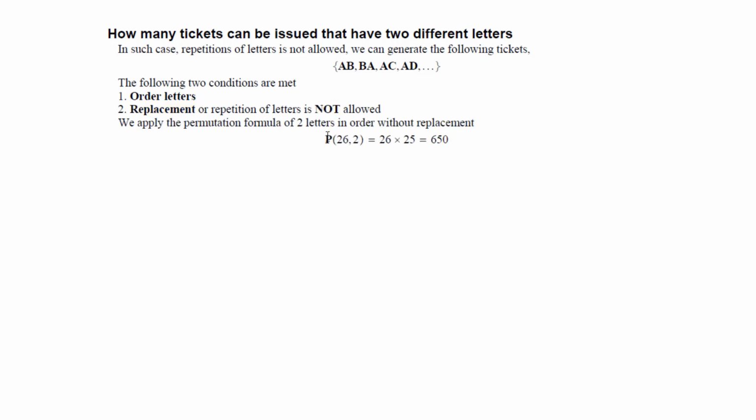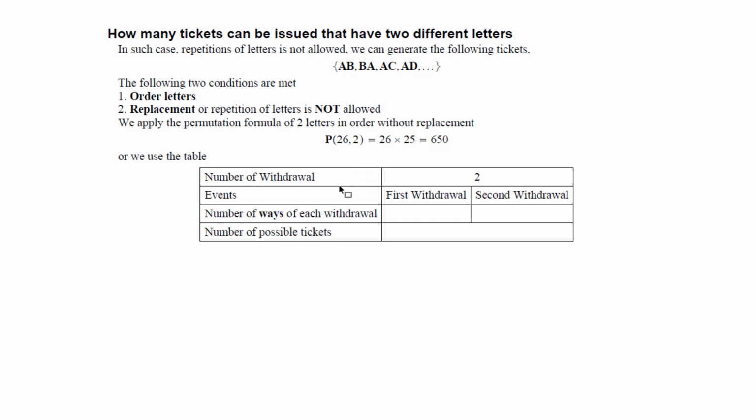In such case, we use the formula of permutation without replacement of 26 letters taken 2 at a time, and this is 26 times 25, equal to 650. Or we can use the table and write these withdrawals in order. For the first withdrawal we have 26 letters that can be chosen.